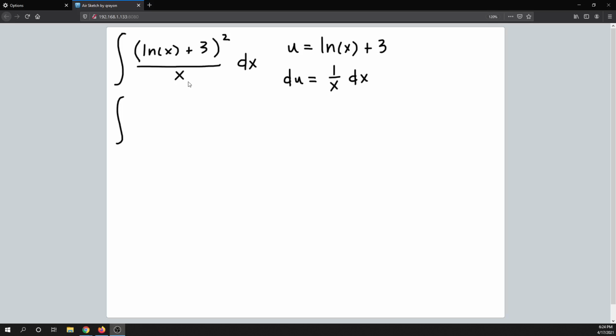I still want to look at this. This top part would be taken care of by this part here. Then I have x on the bottom part of this fraction and the dx. You're going to use this dx to transform the dx part into du. You can see I have this 1 over x dx, and I have this x on the bottom.